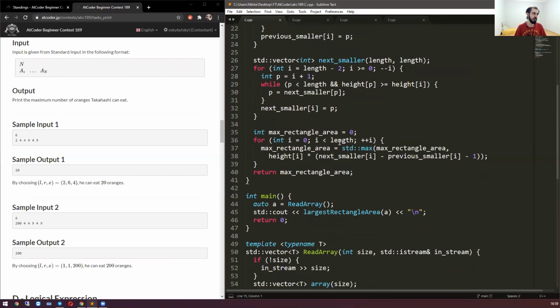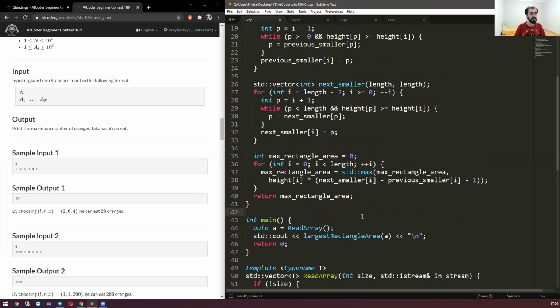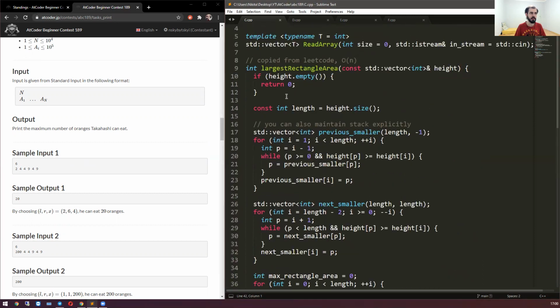The intended solution with such constraints was that you loop through starting positions and maintain the minimum on the intervals that go to the right, so you get away with quadratic time. But I had it pre-written, and I'm not sure why they gave this problem. Potentially they wanted to trick more experienced participants.